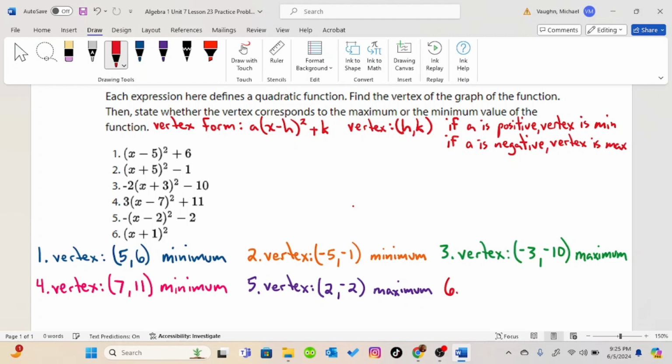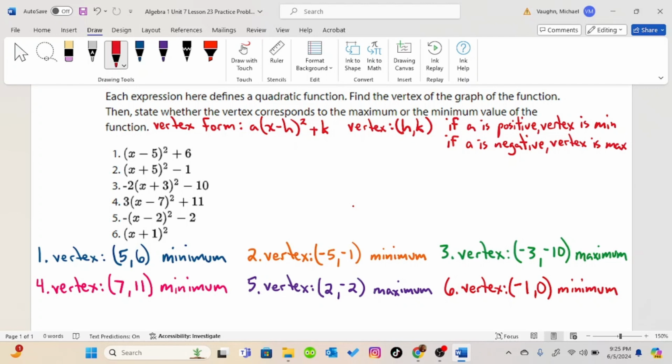And finally, number 6, the vertex is at -1, 0, and because a is positive, this is the minimum, and the parabola opens upward from the vertex.